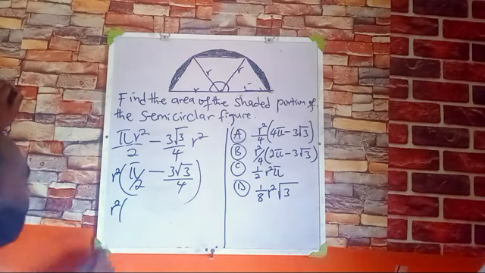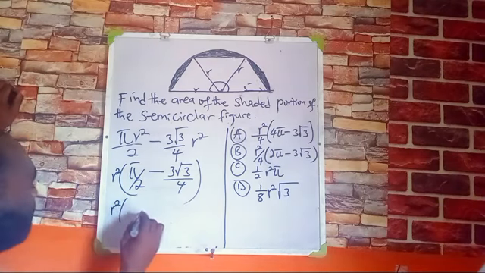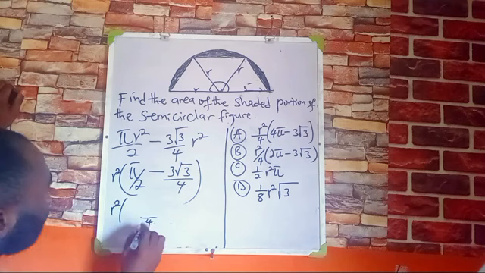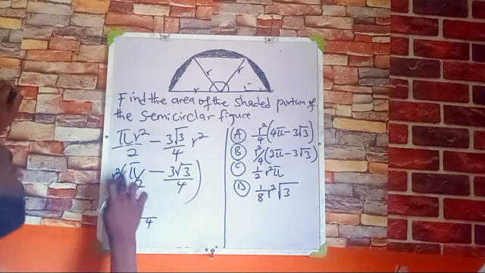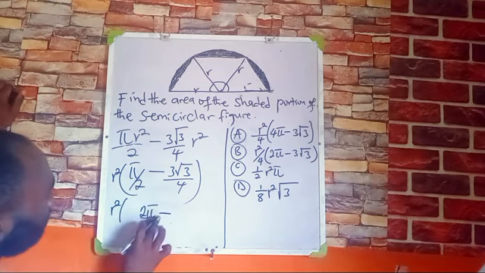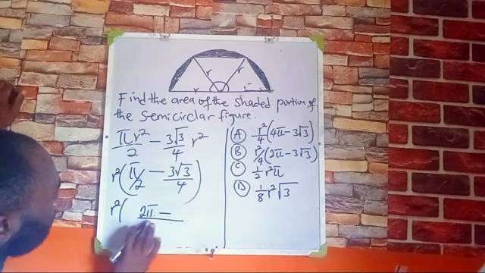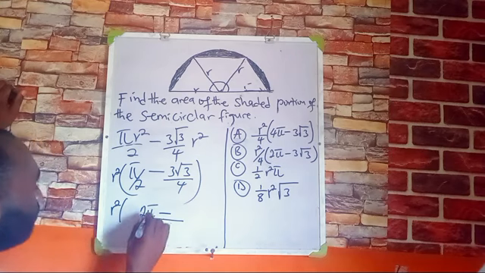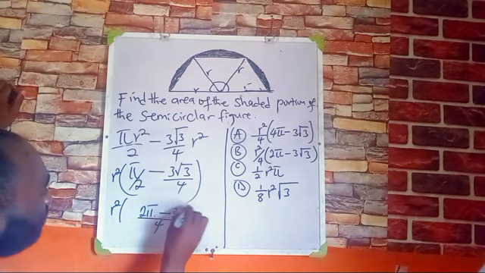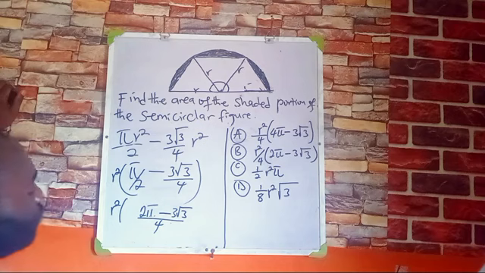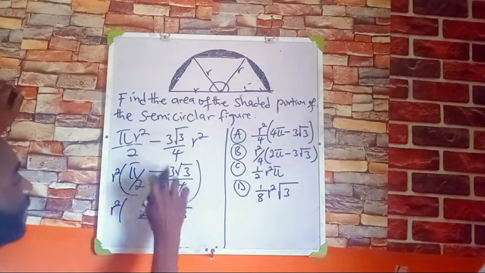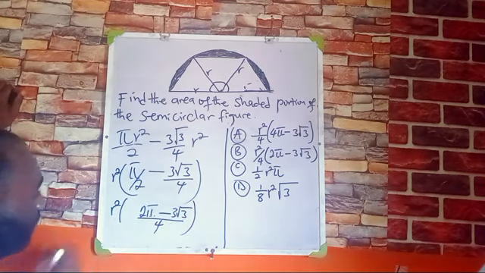The LCM here is 4. 4 divided by 2 is 2 times pi, giving us 2 pi, minus 3 square root of 3, because 4 divided by 4 is 1.